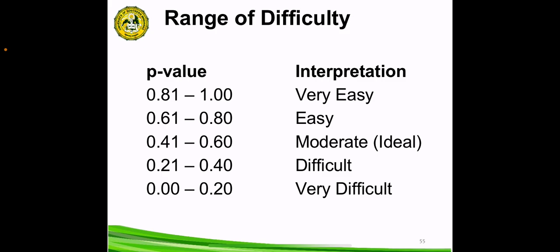And if the p-value is 0.61 to 0.80, it is interpreted as easy. Then 0.41 to 0.60, moderate. And 0.21 to 0.40 is difficult. And 0.00 to 0.20 is interpreted as very difficult.